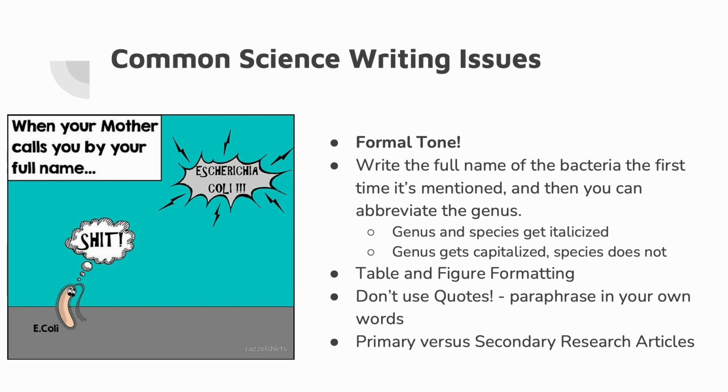So this nice little graphic is cute when your mother calls you by your full name, Escherichia coli, and it goes shit, and it's got a little E. coli next to it. So we've probably heard it called E. coli before. So you have to spell the whole thing out the first time you write it out, and then you can substitute and just shorten it to E. coli. So when you abbreviate, you can only abbreviate the genus.